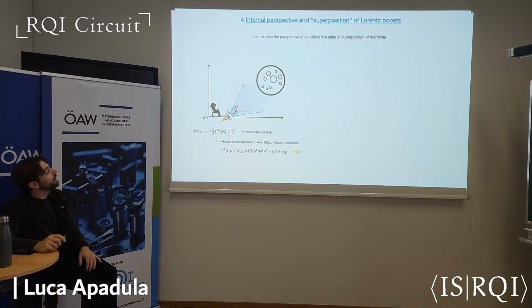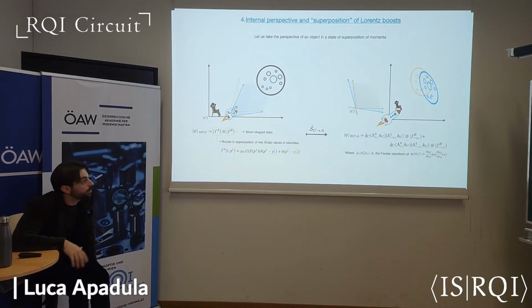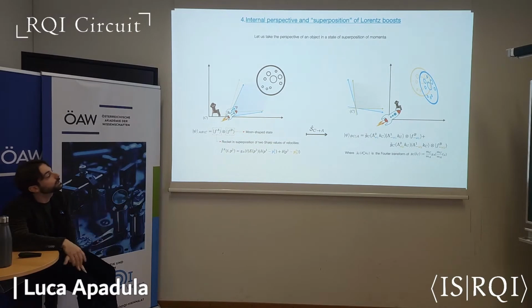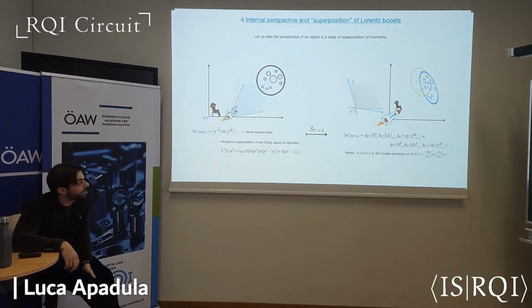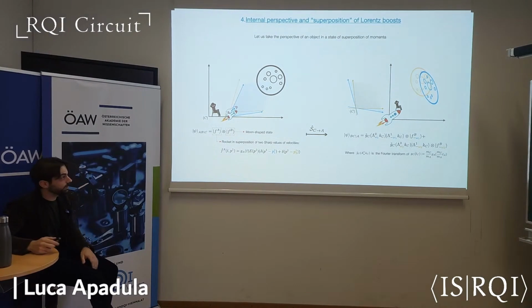And now we're going to jump on the rocket, and what we get, as we could expect from Chasla's presentation, is an entangled state, where in each branch we have a different boosted moon-shaped region, now entangled with the previous relativistic quantum reference frame labeled by C.